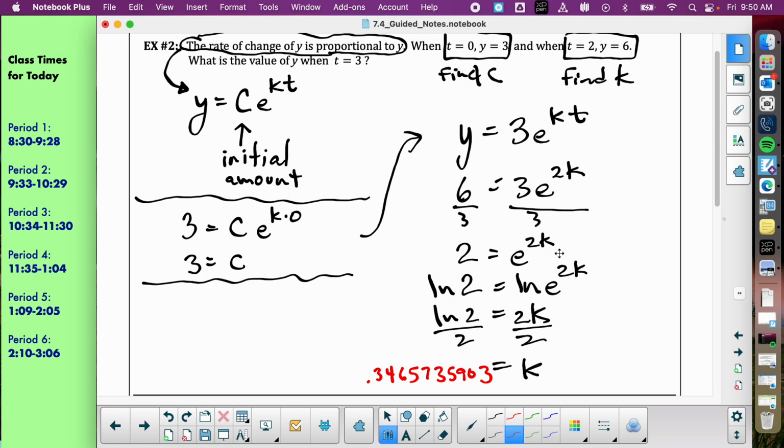I usually don't even put a decimal in place of it because, especially when we get to half-life problems in a little bit, when you start dealing with thousands and millions of years, it's ridiculous how much different your answer will be if you have a k value that's rounded to like 3 decimal places. So the k value, try not to round it ever.